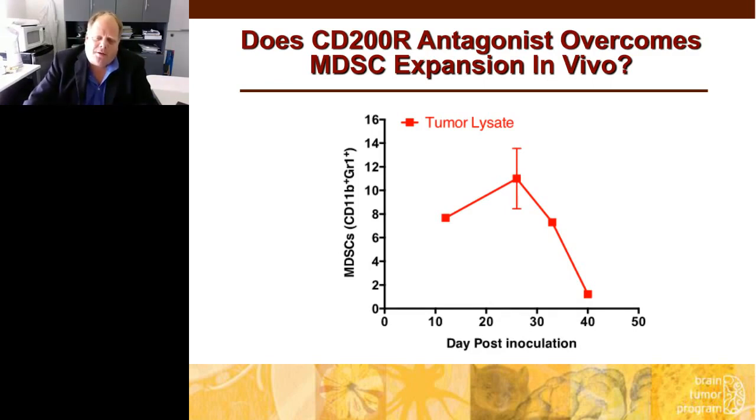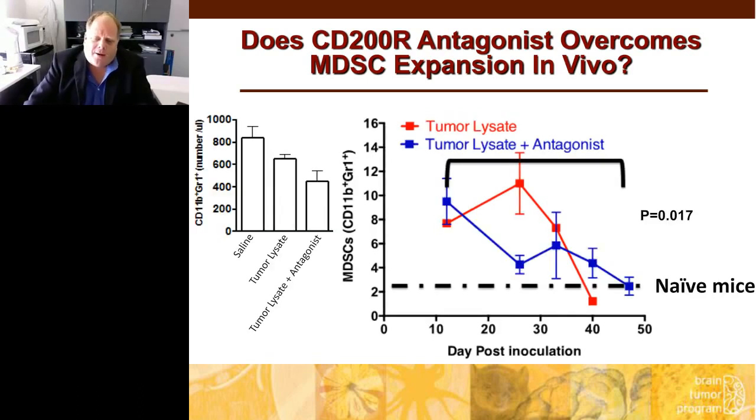And this is where the mice actually start dying. However, if we add our antagonist, you don't get this expansion. They actually go back down to the population percentage of a naive mouse. And we've shown this multiple ways, that in vivo, our tumor lysates, our gliomas, induce or expand an MDSC population, and we can now block that expansion using our antagonist.